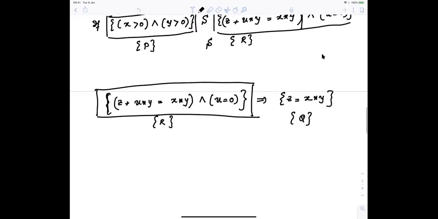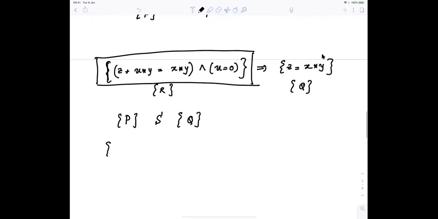Now we can say the proof rule is as follows. That is P S Q. That is what this inference rule means. What does it mean over here? I'm saying x greater than 0 and y greater than 0.